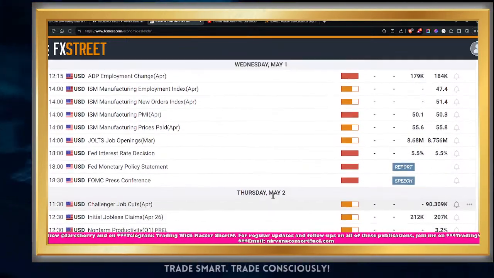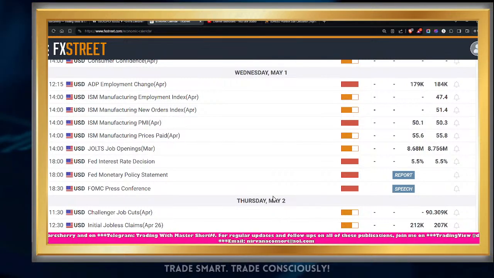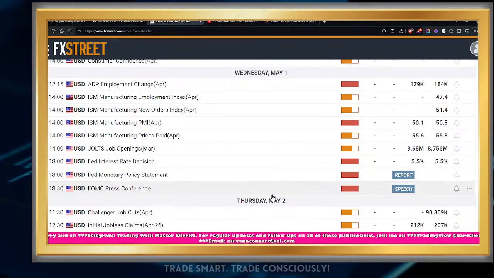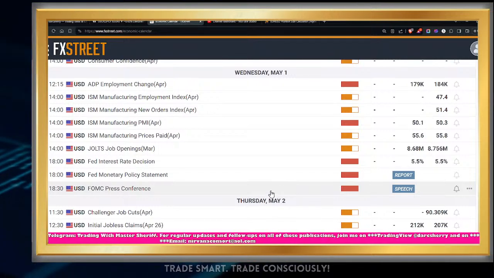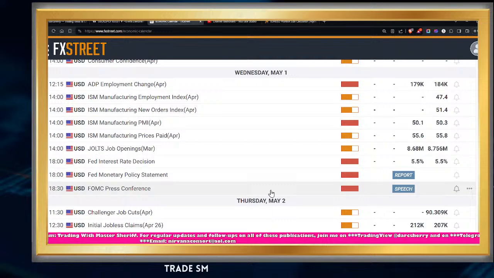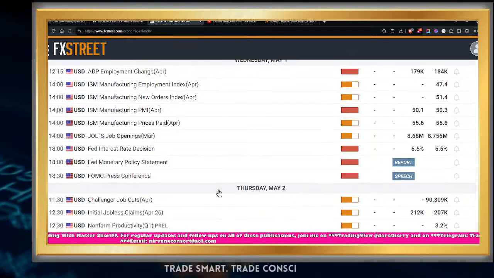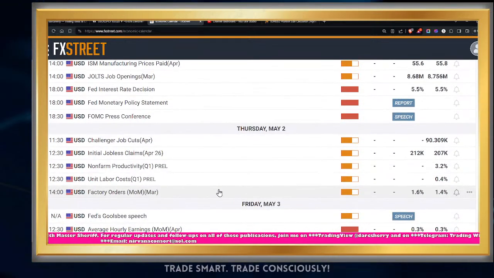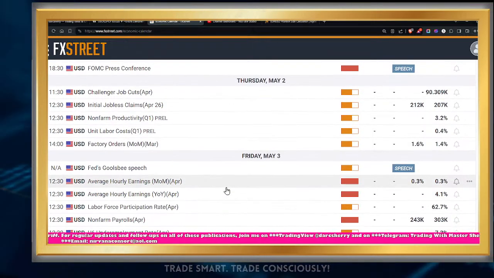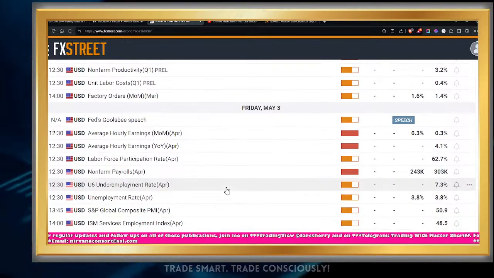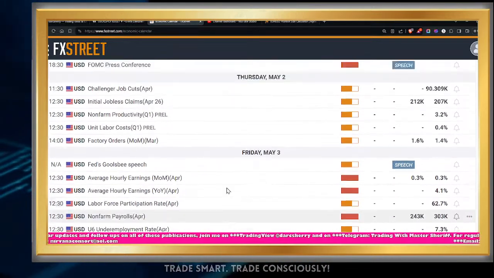That's the beginning of the new month. From the Fed interest rate decision to the FOMC press conference, where the Fed chair will be giving a speech and answering questions from the media. And then we also have the non-farm payroll coming up later in the week, that is on Friday, and of course, the average hourly earnings and the ISM services PMI.